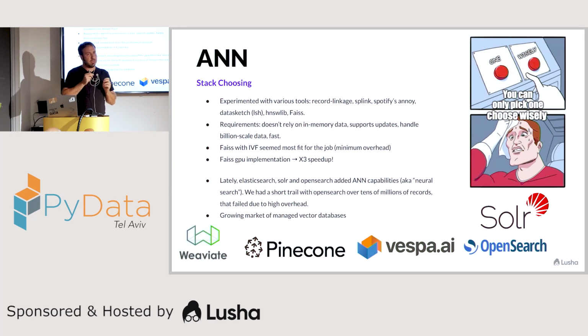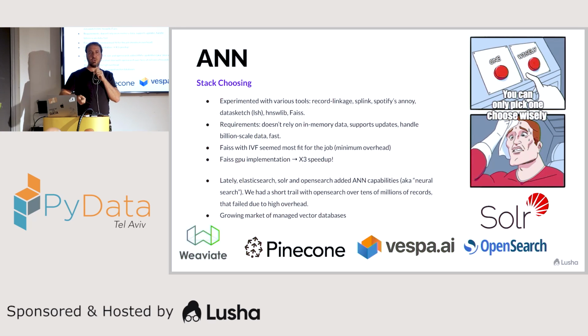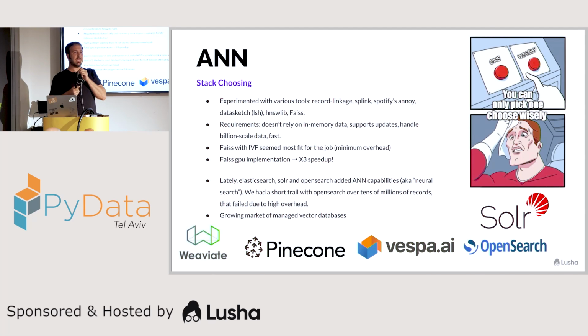So after a bit of experimentation, we decided to go with FAISS and the IVF algorithm. That's the tool with the minimum overhead. I think Annoy is also a good tool, and HNSW is also a good algorithm and a good tool, but it requires more tweaking and more playing around if you want to use it in an out-of-memory setting.